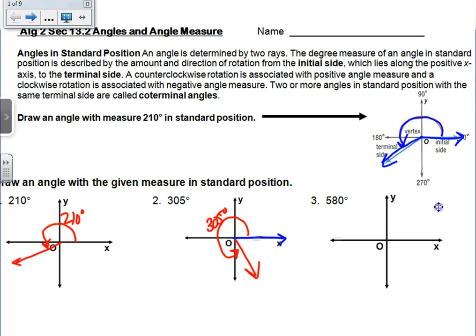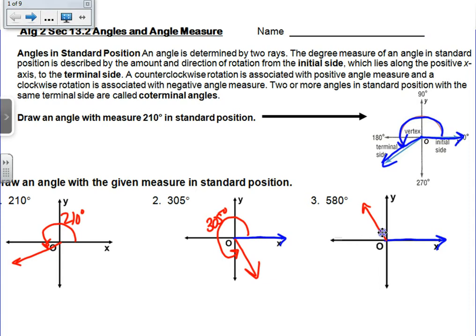Okay. So 580 degrees. This is a little complicated. How much would be one rotation? 360. So 580 is going to make one full rotation. And then if I go 90 more degrees, where am I at? 540. And then I need to go a little bit more to 580. So we know he terminates somewhere kind of over here.